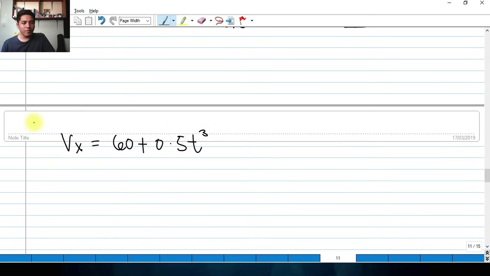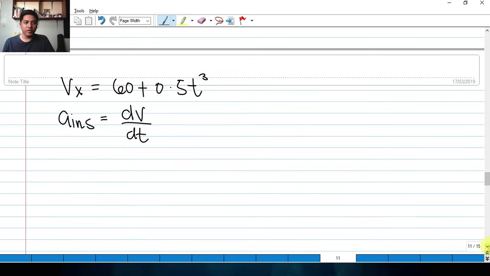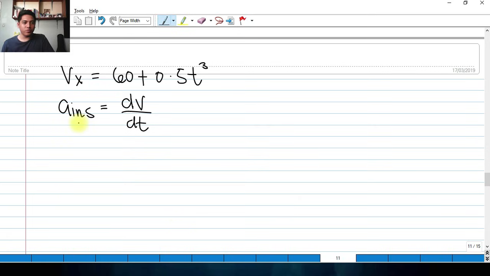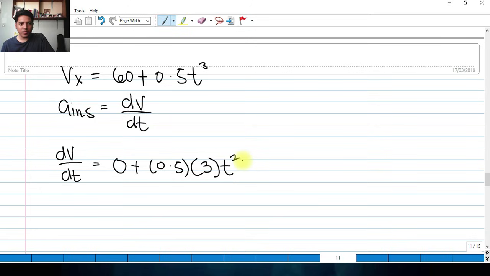Remember that instantaneous acceleration, a_ins, is simply dv over dt. So to find a general expression for instantaneous acceleration, we can apply the derivative on this function. So dv over dt: the derivative of 60, a constant, is 0, plus 0.5 by the power rule, 3 times t squared.